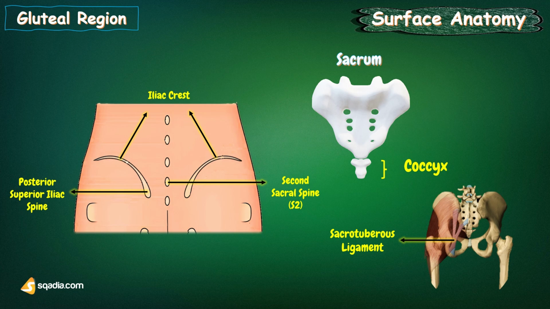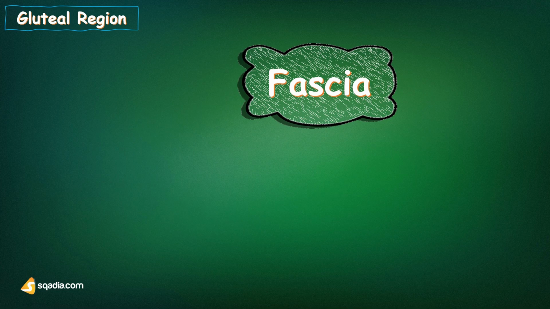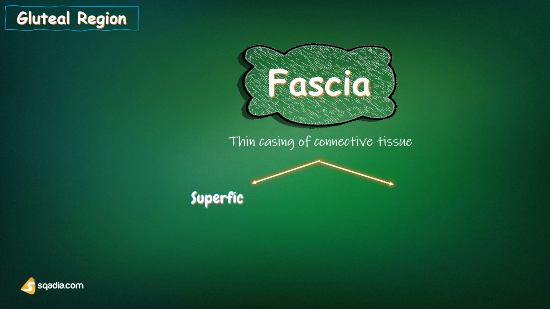Now that we have gone through the surface anatomy of the gluteal region, let's talk about the fascial layers of this region. You may already know that the fascia is a thin casing of connective tissue that surrounds and holds every organ, blood vessel, bone, nerve fiber, and muscle in place. In the gluteal region, there is a superficial layer of fascia, and then there is the deep fascia.